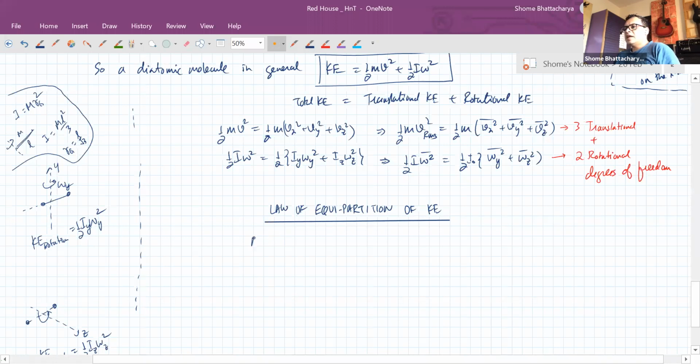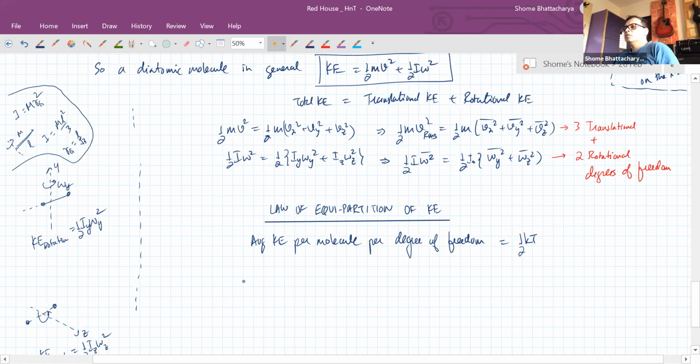It says that the average kinetic energy per molecule per degree of freedom is equal to 1 by 2 kT.